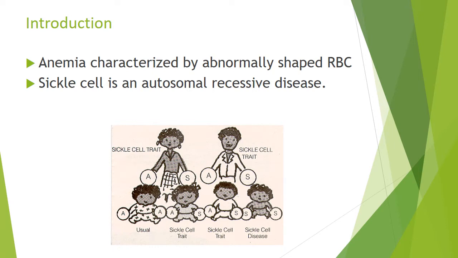Therefore, the child can only get sickle cell if both parents are carriers, not if only one is and the other is normal. They have a 25% chance of getting it if both are carriers.